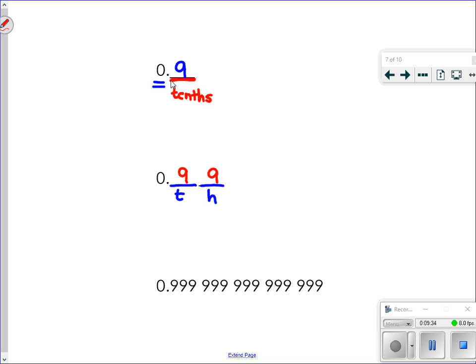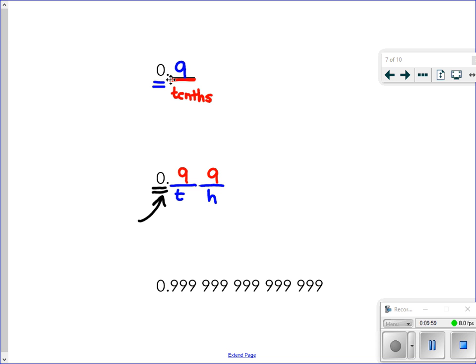Well, no again, because I have 0 in front of the decimal place. That means I have no whole parts. I have just fractional parts. 99/100 sounds like a big number, but it's not even 1 whole yet, is it? Because I have no whole parts. The number in front of the decimal gives me how many whole parts I have.